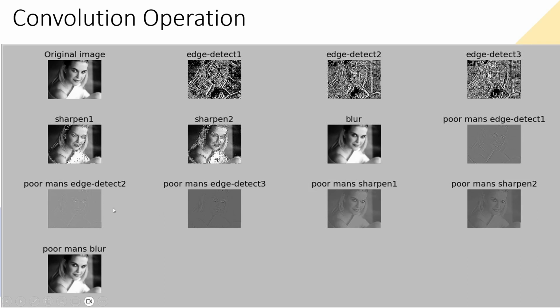You just need to know that by applying a convolution operation to the image, you modify it and obtain something else, something different from the original image.